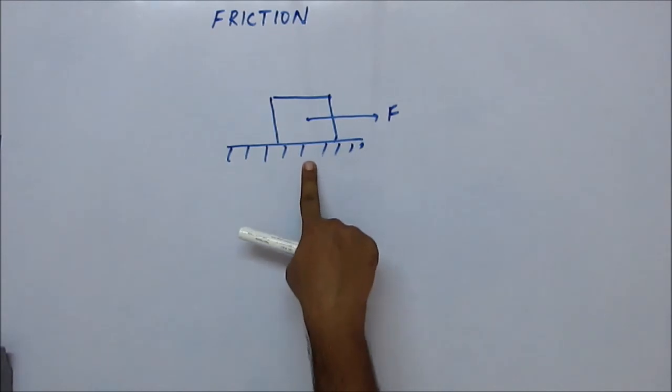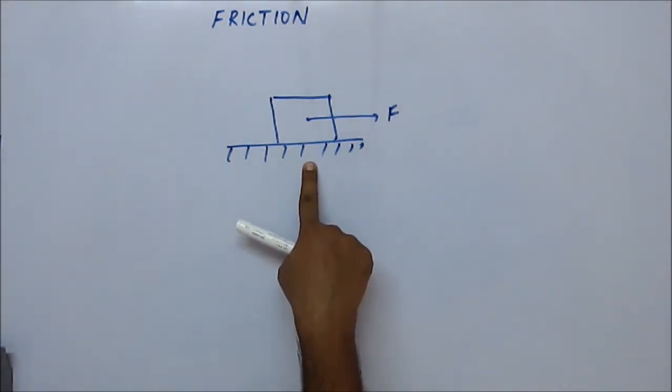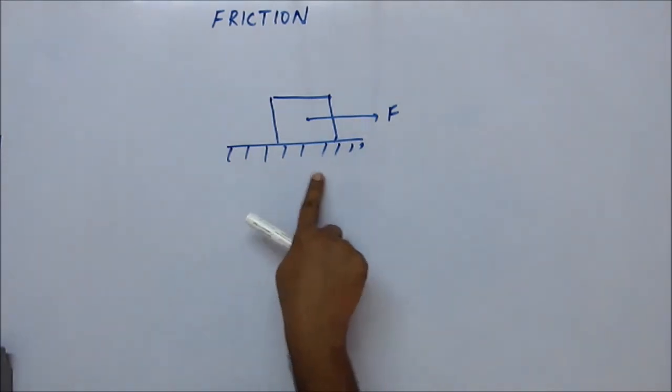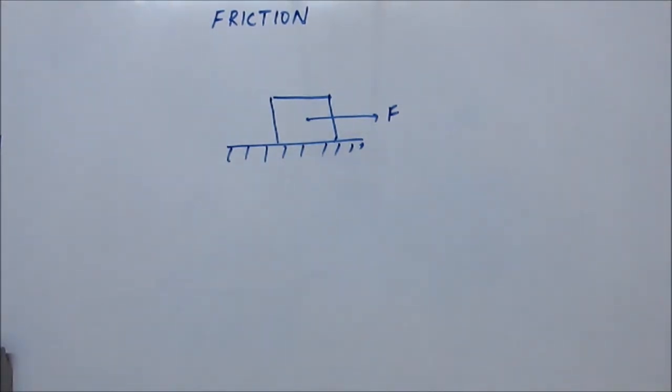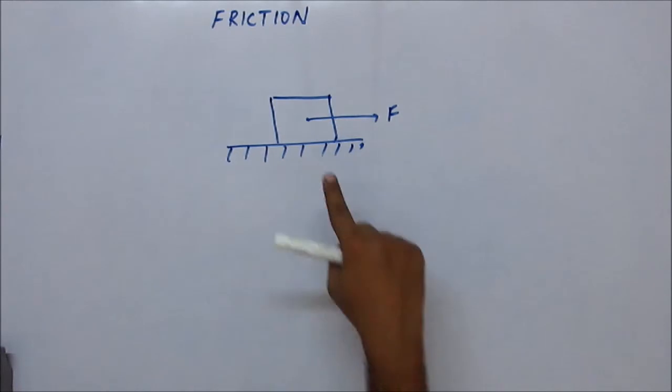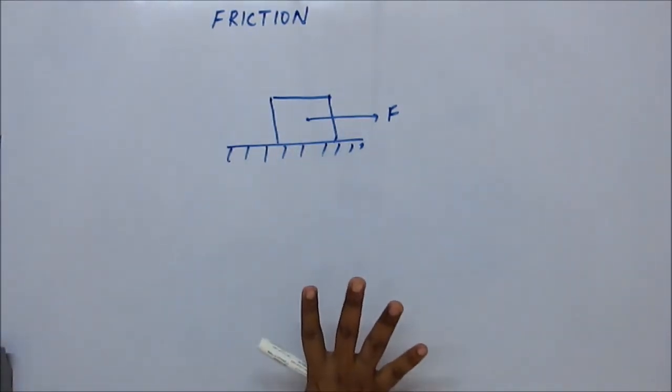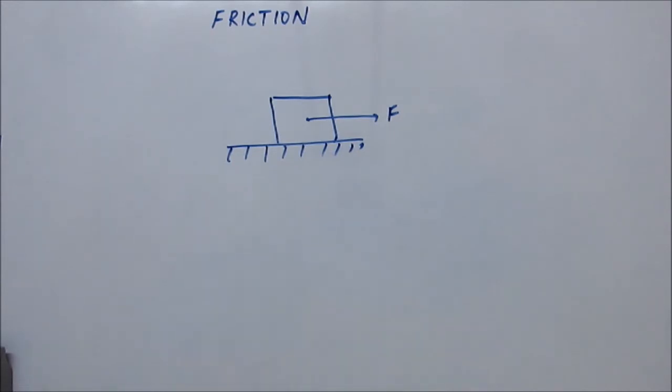The contact force is both normal reaction and friction, because both the forces are acting by virtue of contact. If there is no contact between the block and the surface, there will be no normal reaction and there will be no friction either. So normal reaction and friction are contact forces.